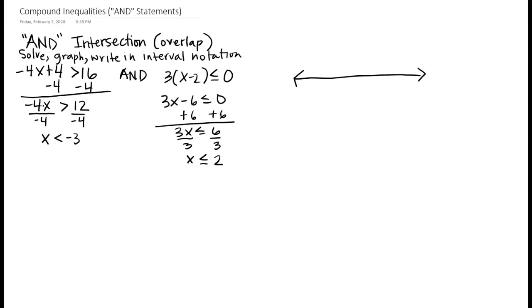And we want to remember that we have this and statement. So we're looking for where it's overlapping when we graph these. Okay, so let's look at this. So we've got negative 3 somewhere down here. Put 0 here in the middle, and then 2 somewhere over here.